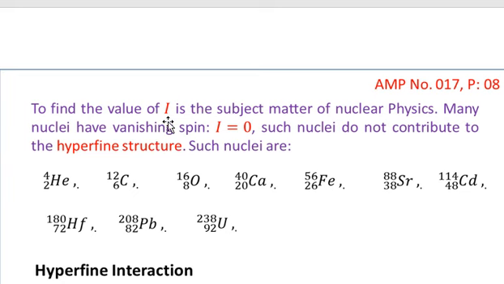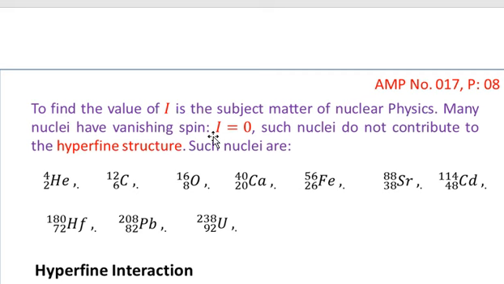To find the value of the spin quantum number I, or more precisely the nuclear spin, the quantum number associated with the nuclear angular momentum, is the subject matter of nuclear physics.